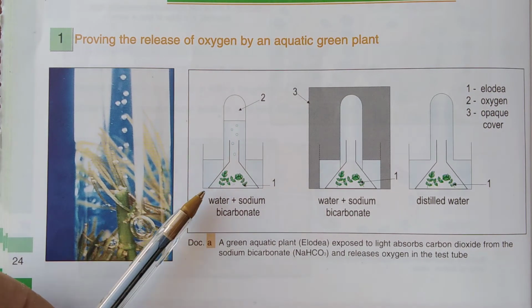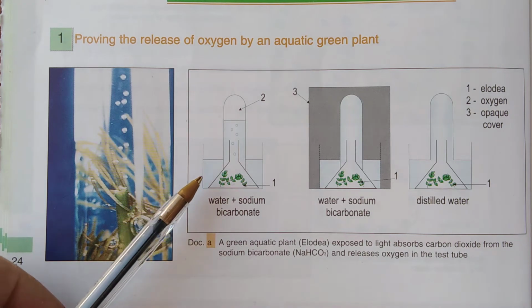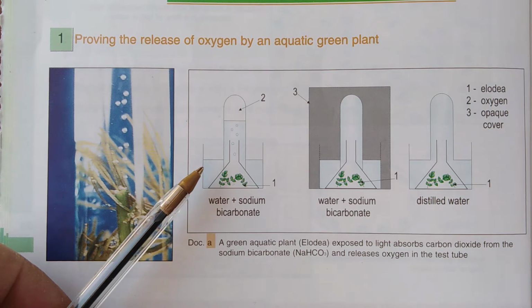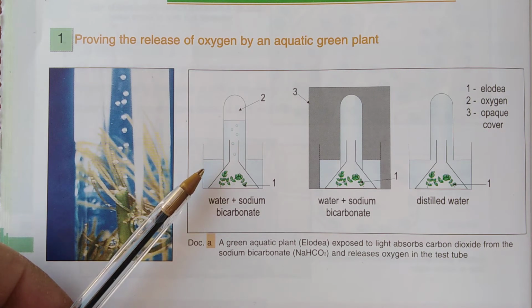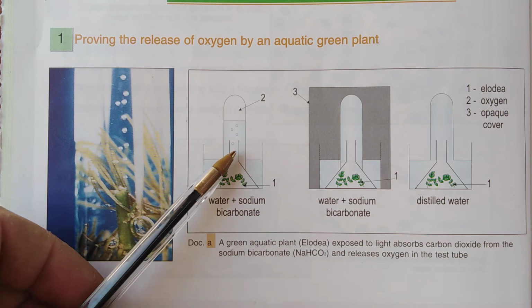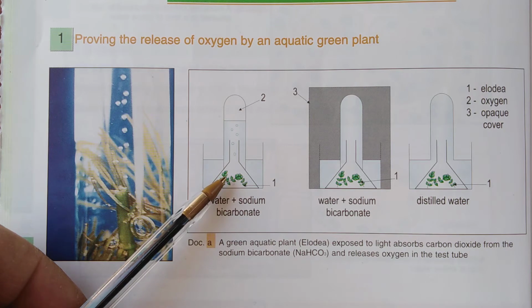According to what we studied in the previous lessons of the previous videos, we all know that photosynthesis takes place in green plants, but they have to use light with carbon dioxide to produce oxygen gas and starch inside the leaves.